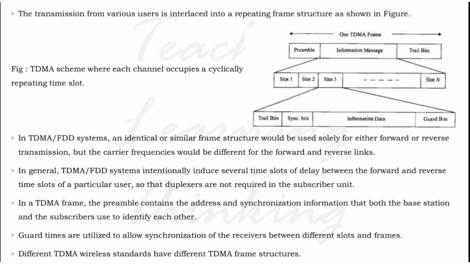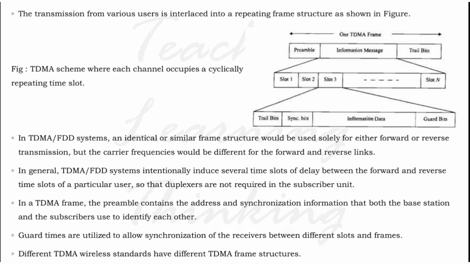In general, a TDMA FDD system intentionally induces several time slots of delay between the forward and reverse time slots of a particular user, so a duplexer is not required in the subscriber unit. That way we can reduce the complexity and also the cost of the system.